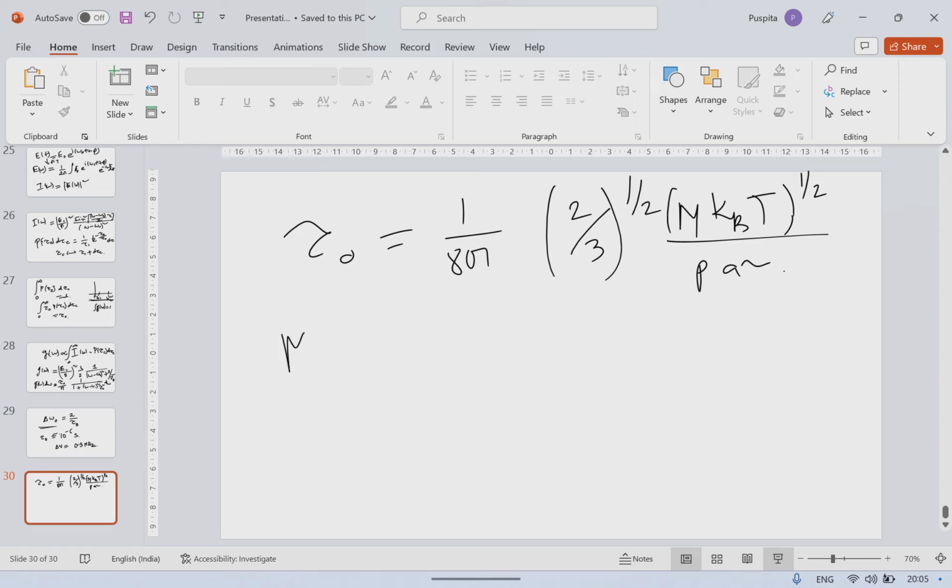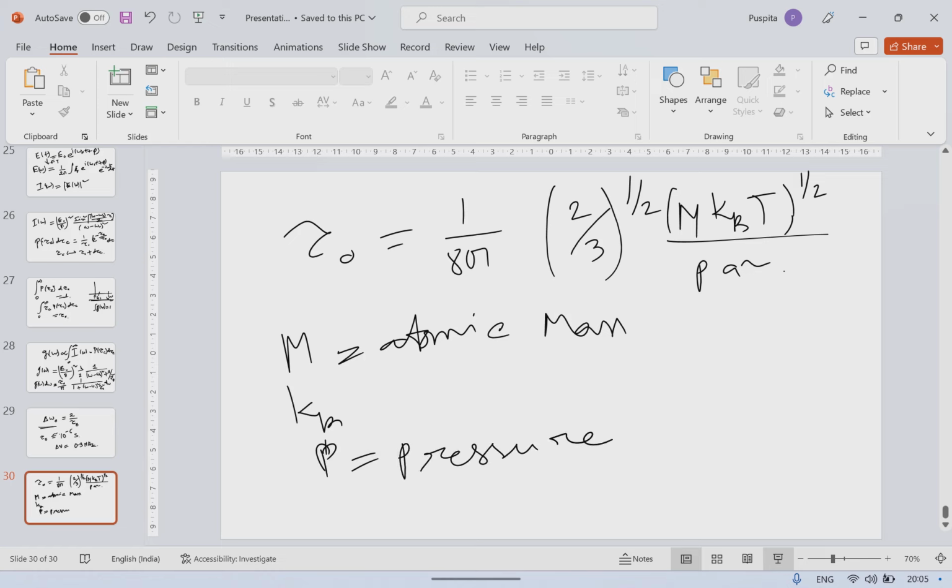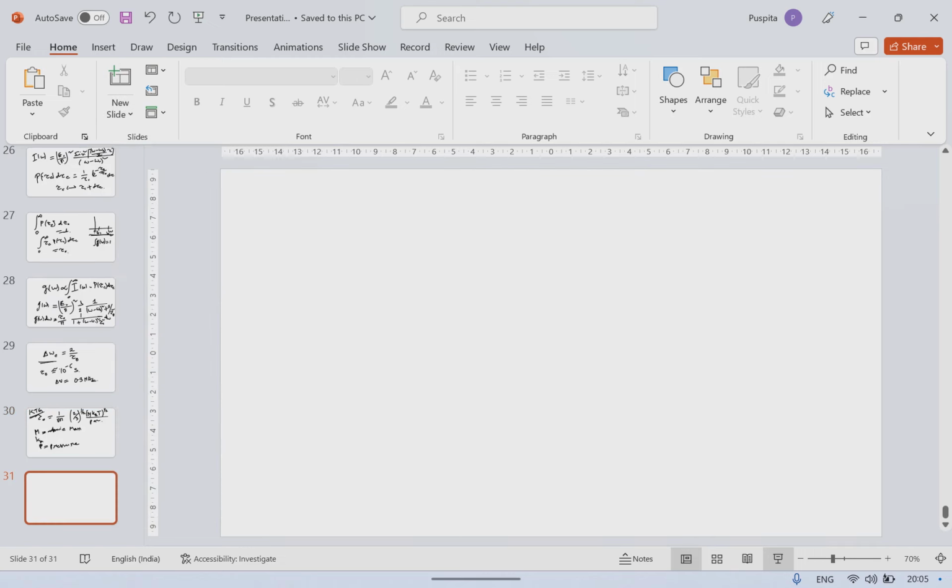Here m, you all know, is atomic mass, kB is the Boltzmann constant, and p is pressure. From the kinetic theory of gases, we can get this. Okay.